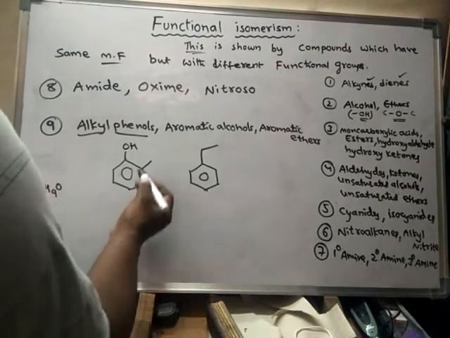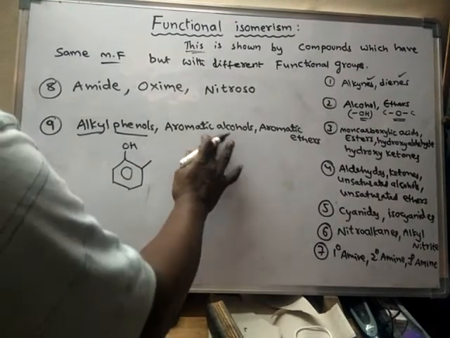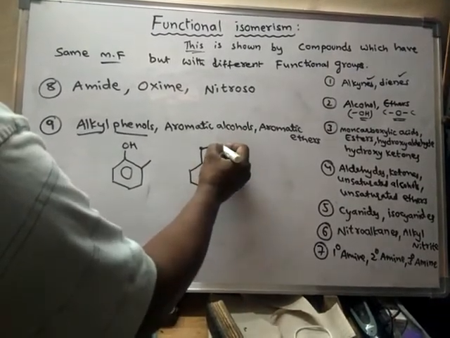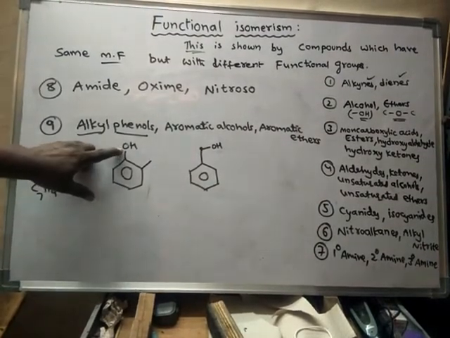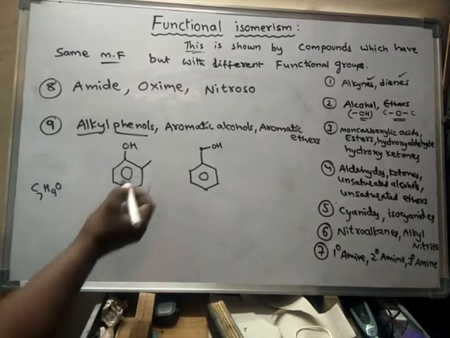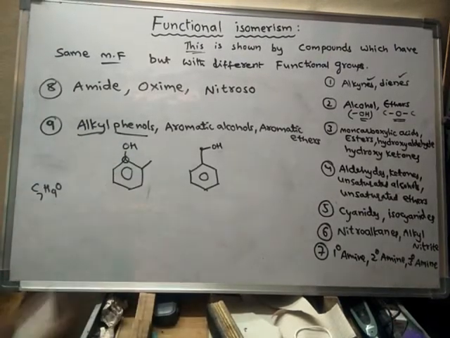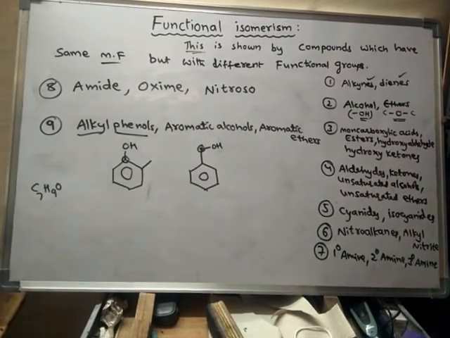Here, to this carbon, an OH group is attached. Here this OH is attached to the carbon of the ring, but here the OH is attached to the carbon which is present outside of the ring.